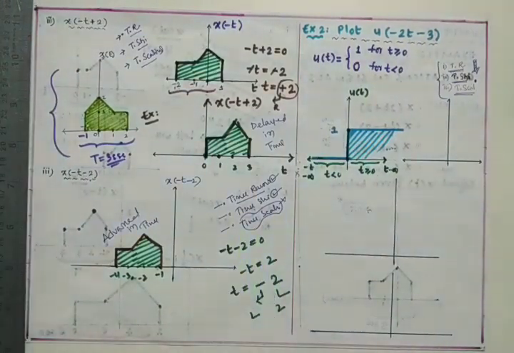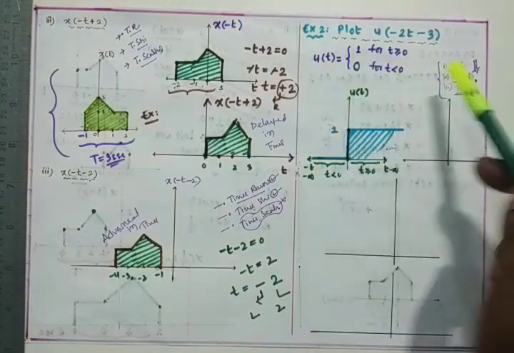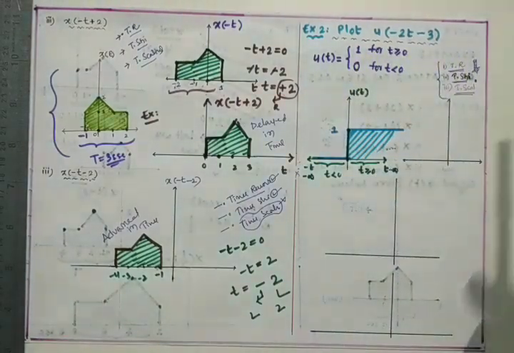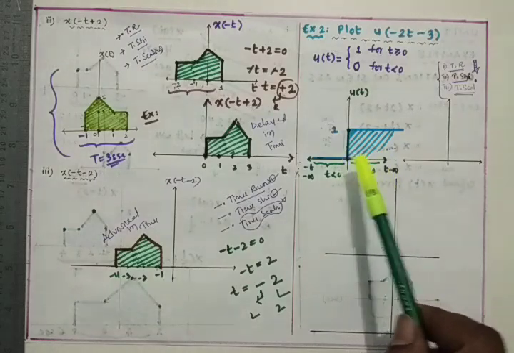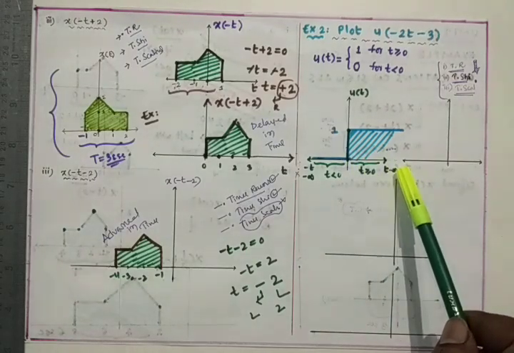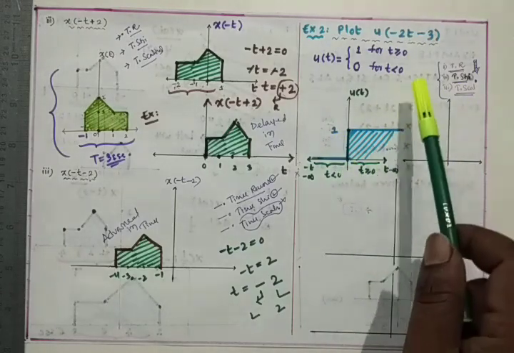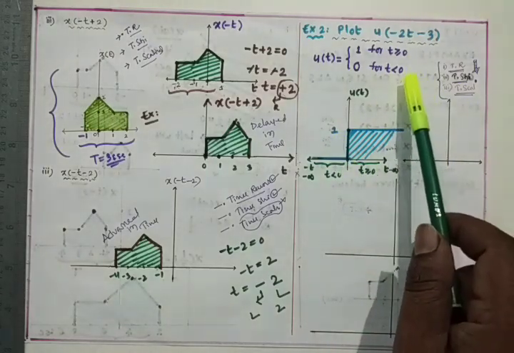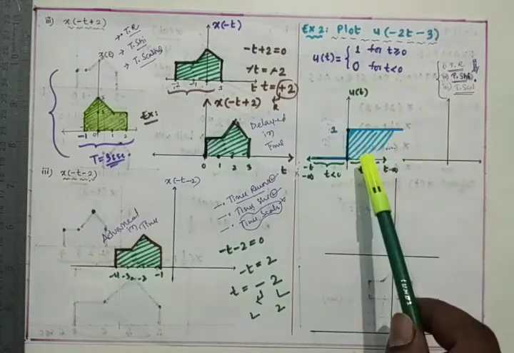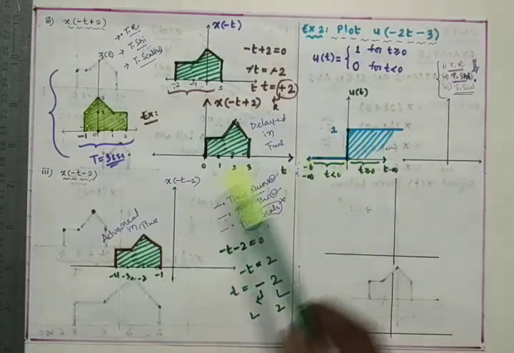Just now we got the u of t. U of t is nothing but unit step signal, which is defined as u of t equals 1 for t greater than or equal to 0. That means from 0 to positive infinity, whose amplitude is 1 only. For all the negative values of t, whose amplitude is 0.